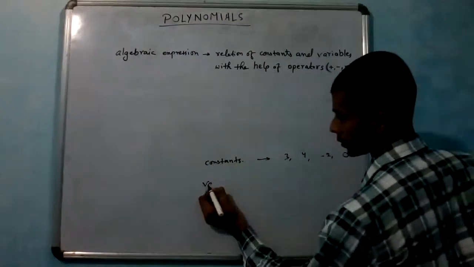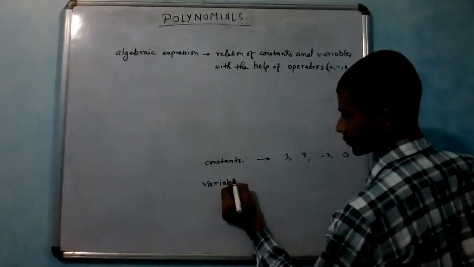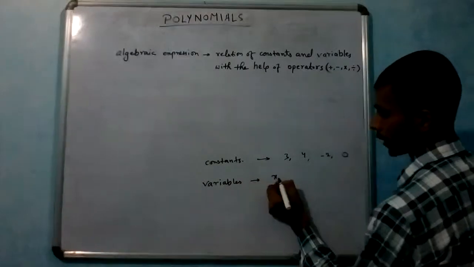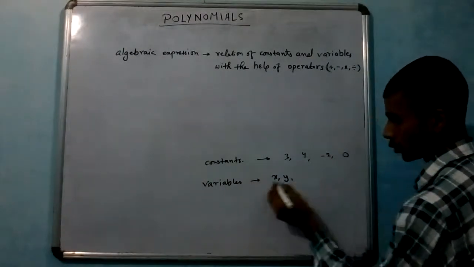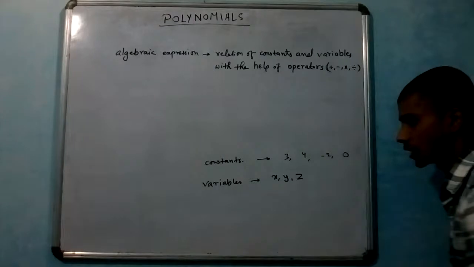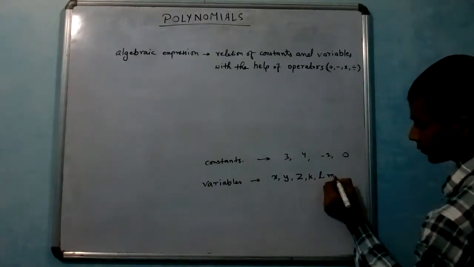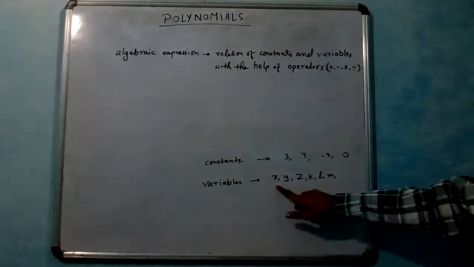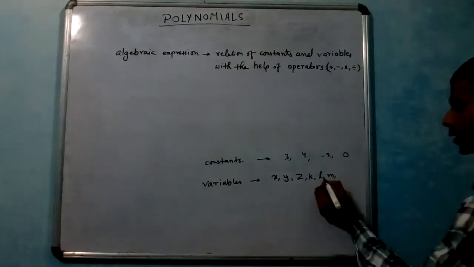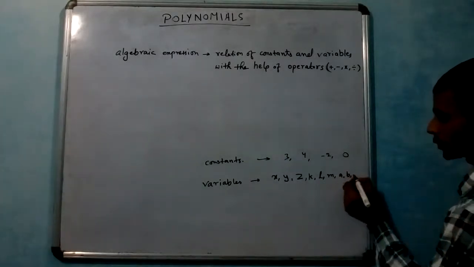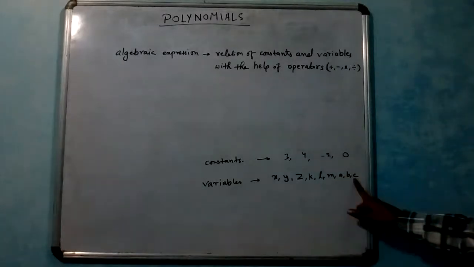Now what are variables? Variables are those terms whose values change from question to question, like x, y, z, k, l, m, a, b, c. Sometimes we take a, b, c also as variables.